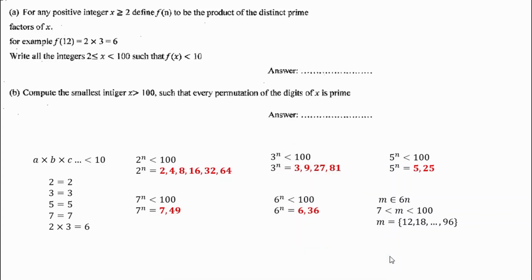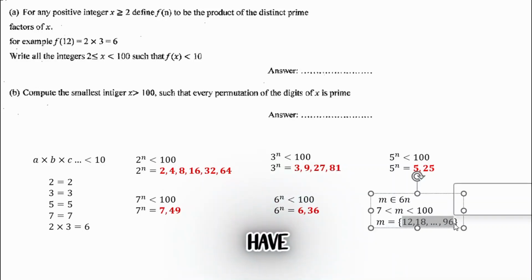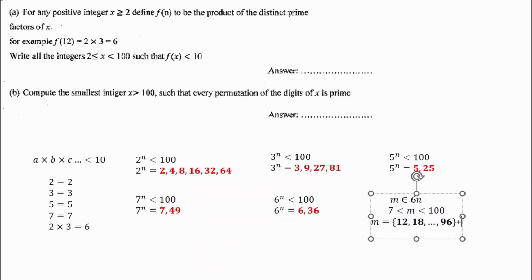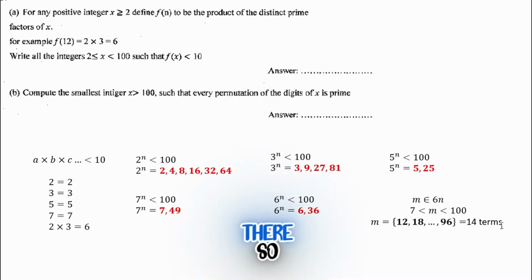Okay, now we found out all of the values which are suitable. So here we have 12, 18, 24, and all of those values here where there are 14 terms. You have to remember that. There are 14 terms in there.